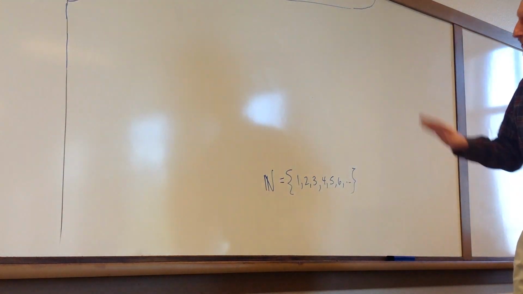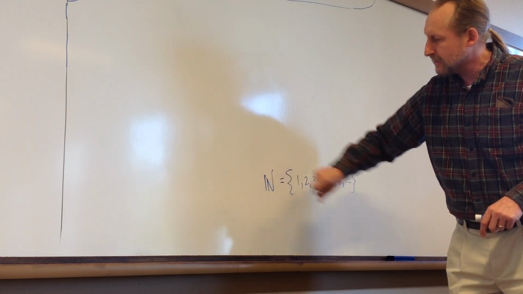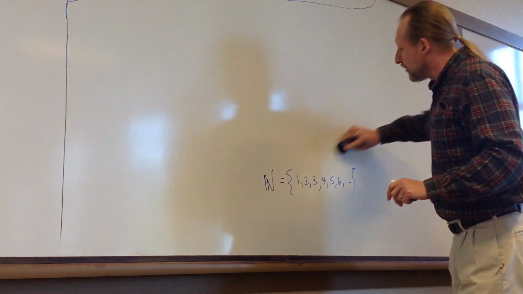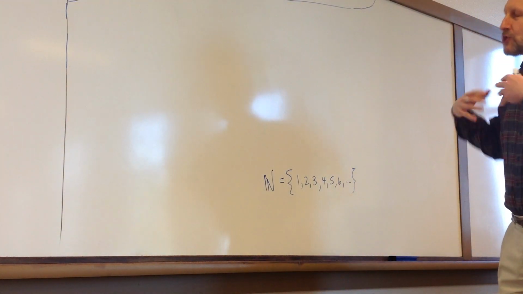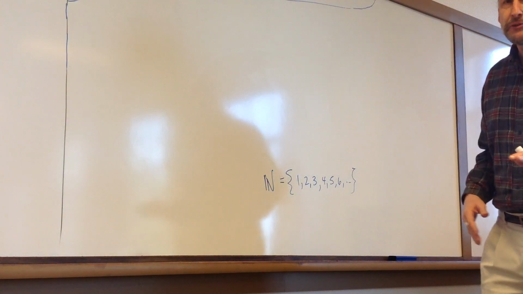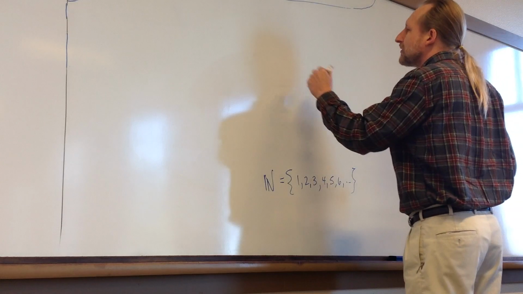The natural numbers are the most basic set of numbers. But the problem with this is that you can generate an equation using only natural numbers whose solution is not in the natural numbers. So what am I talking about?